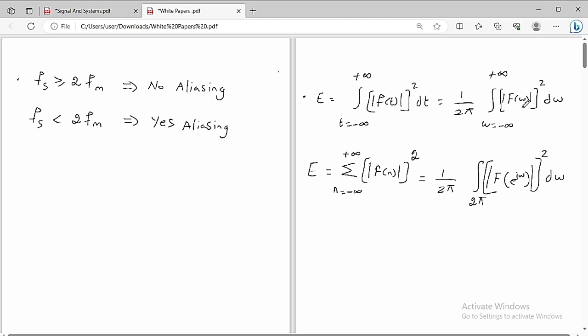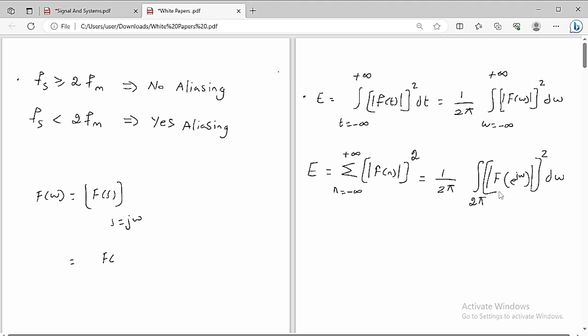So this is the continuous time Fourier transform and this is the discrete time Fourier transform. As I have already told you, in the case of continuous time, f of omega is nothing but f of s, and if you substitute s equal to j omega, we get the continuous time Fourier transform.